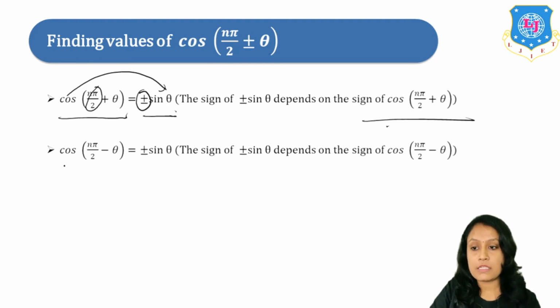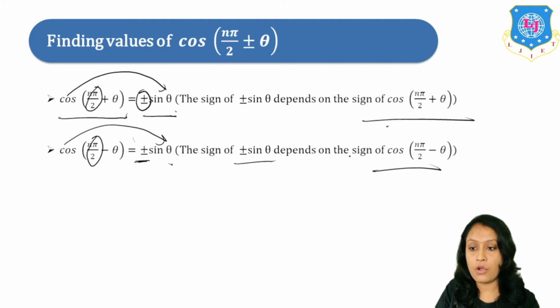Next, cos of n pi by 2 minus theta will give you plus or minus sin theta. Again we have pi by 2 over here, so cos will change to sin theta, and the sign will depend on cos of n pi by 2 minus theta.